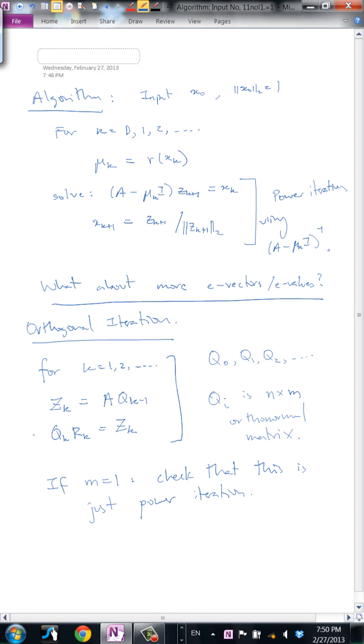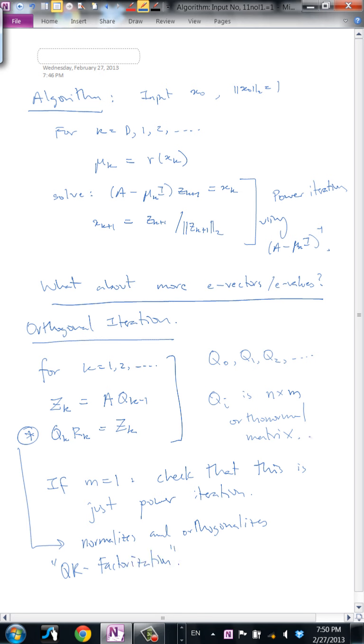The key step that we need is what corresponds to normalizing and orthogonalizing, and that is this. This step normalizes and orthogonalizes, and it's called a QR factorization.